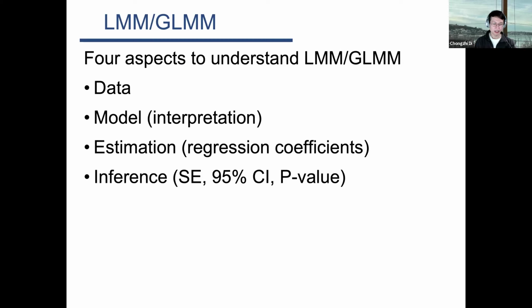Then there is how you estimate the parameters in the model, typically regression parameters like odds ratios or hazard ratios. And finally, how do we do inference? Once you have the point estimate, how do you get standard errors, 95% confidence intervals, and p-values?